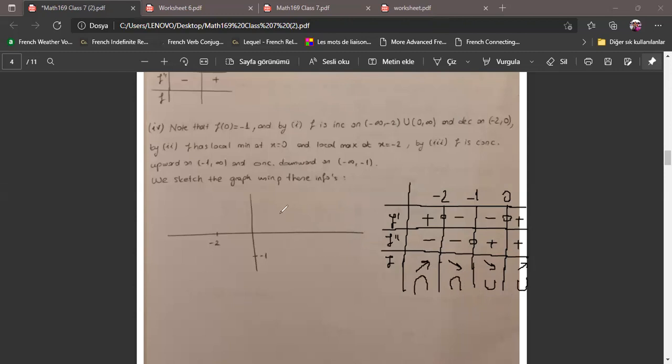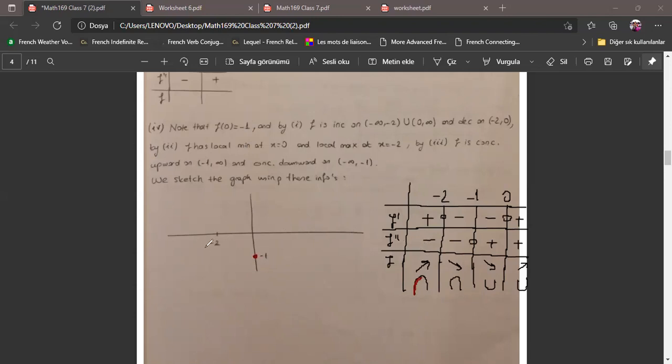So here you see it's increasing and downward, so it should look like this. From -infinity to -2, it should look like this. We just plug x equals 0, you see the y-intercept is -1.